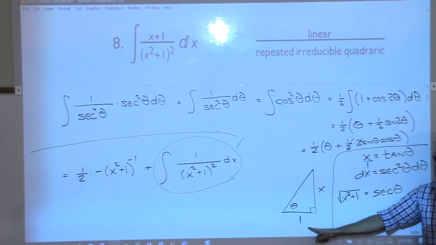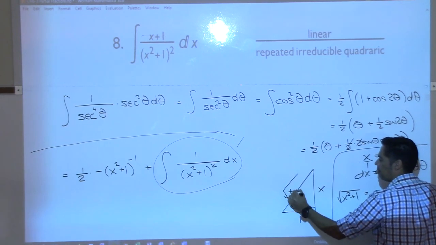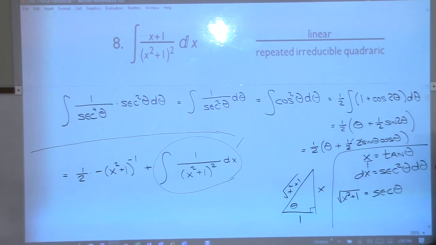And I can solve for the hypotenuse. And that is something we had earlier, right? And what about theta? We just have to take arctan on both sides. Okay, I think we're ready to finish this up.